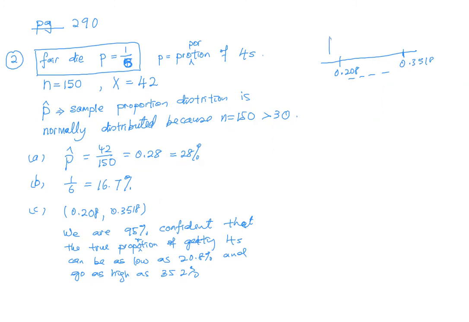Okay. Fair dice is 0.167. Okay, so now, can you please say whether this dice is a fair dice or not based on this evidence? Based on this confidence interval, will you say the dice is a fair dice?